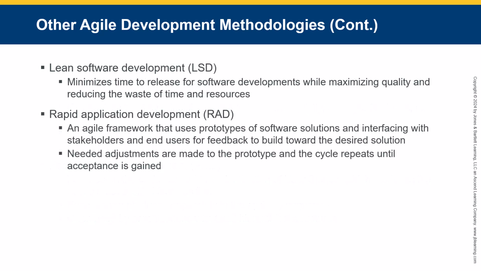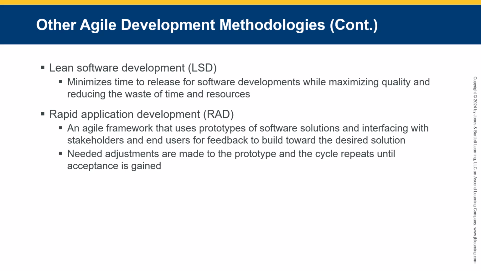After that, we have things like Lean Software Development, or LSD. This minimizes time to release for software development while maximizing quality and reducing the waste of time and resources. This lean version I've had some success with, but it's not one of my more in-depth agile methods. We also have RAD.